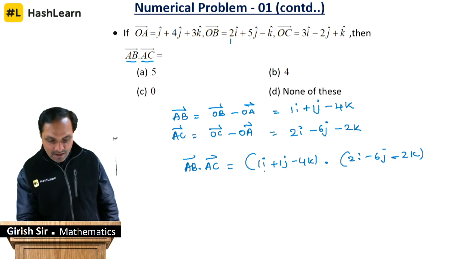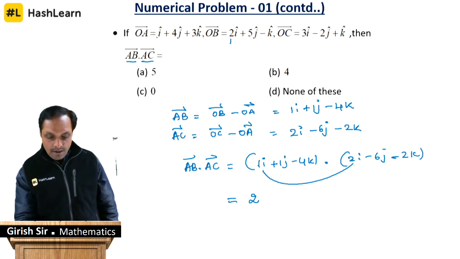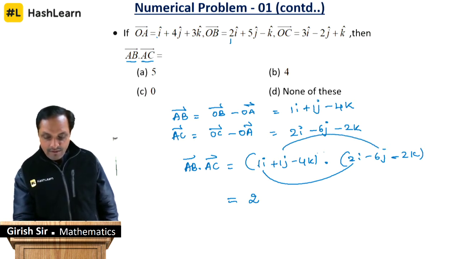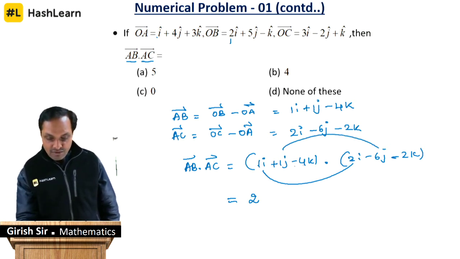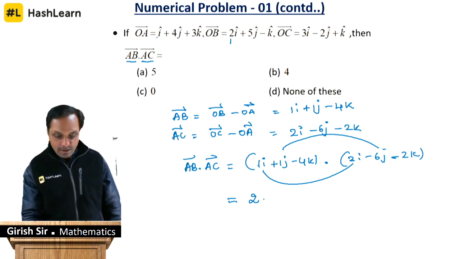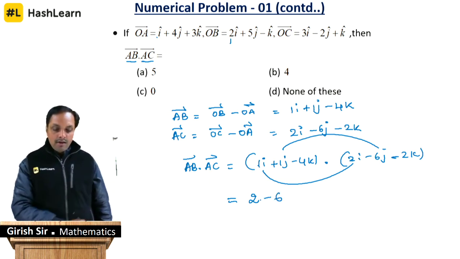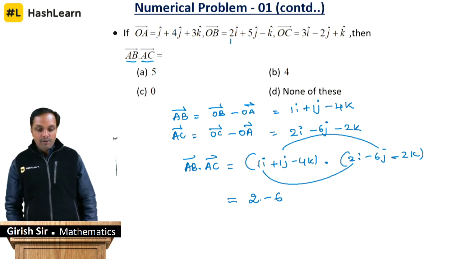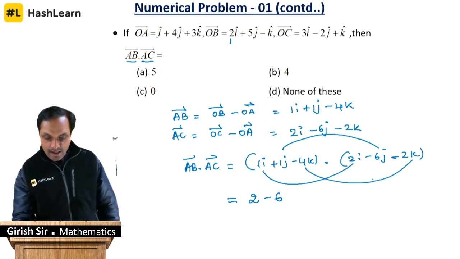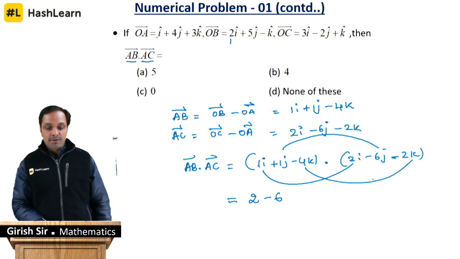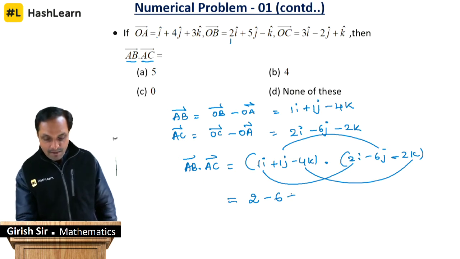So let us multiply the coefficients. I with I will give you 1, so 1 into 2 is 2. J with J will give you 1. Again you have plus 1 here, minus 6, so 1 into minus 6 will give you minus 6. Here K with K, minus 4 into minus 2, that will give you 8 with plus sign.